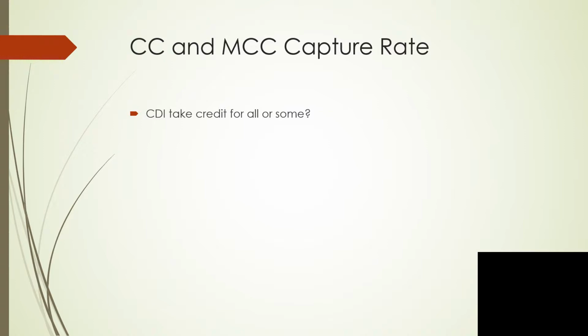Then how do you take credit for having moved that CC and MCC rate, or do you give that to the coders? And that's really something that you, as a manager and a department, would need to decide how you're going to evaluate that measure of success in particular.